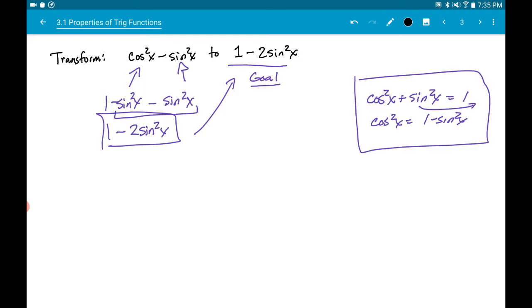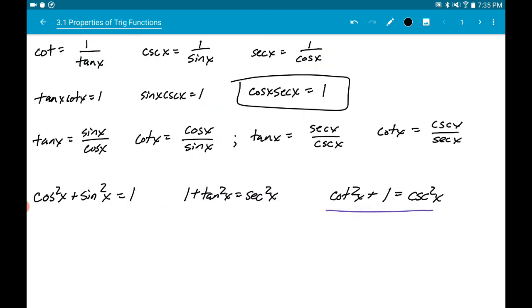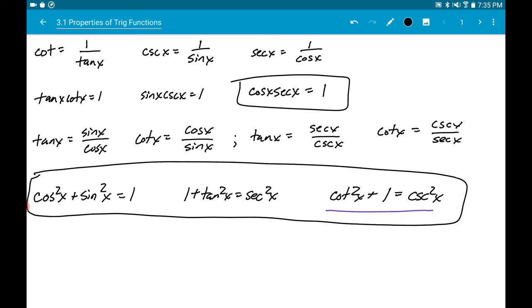And I go back here. Anytime you have a squared function, you want to think about these things called Pythagorean identities. For instance, you could take this one and think of it as cosine squared theta, or x, minus 1 equals negative sine squared x. Kind of like we're manipulating.